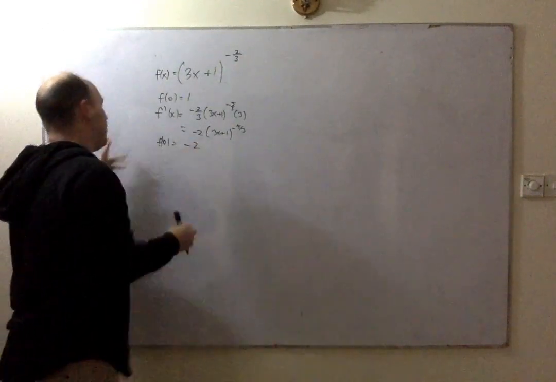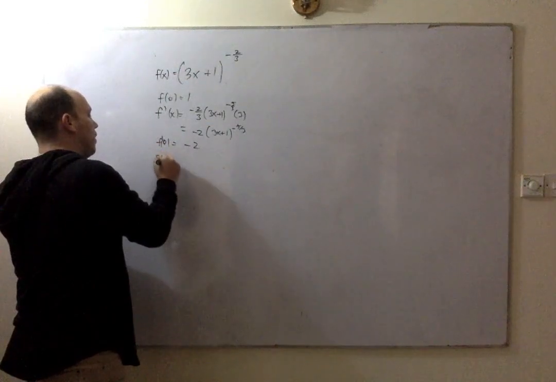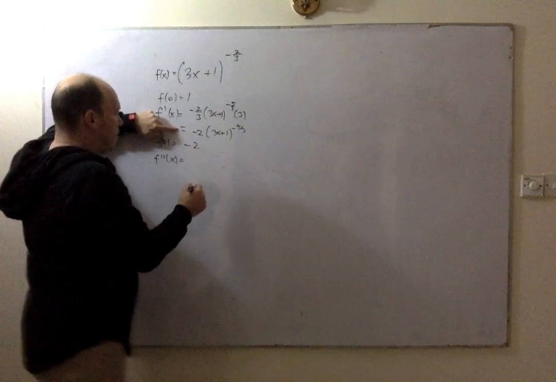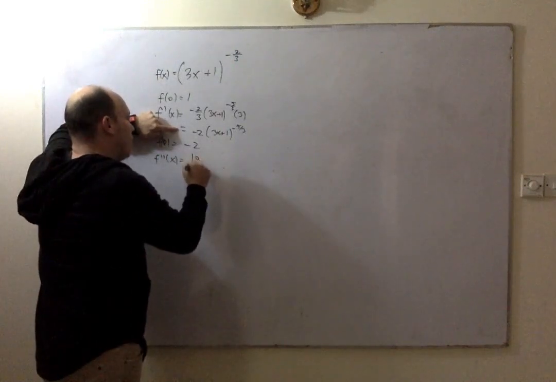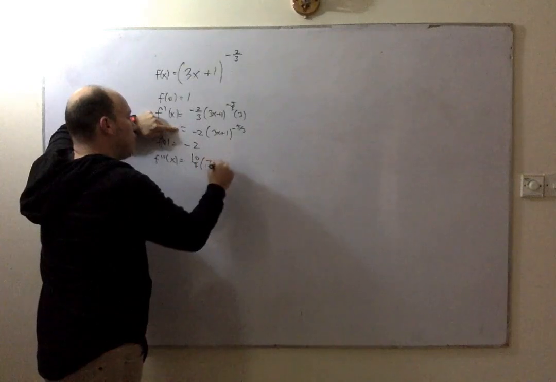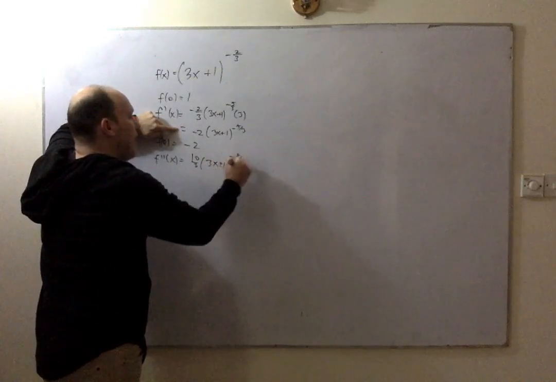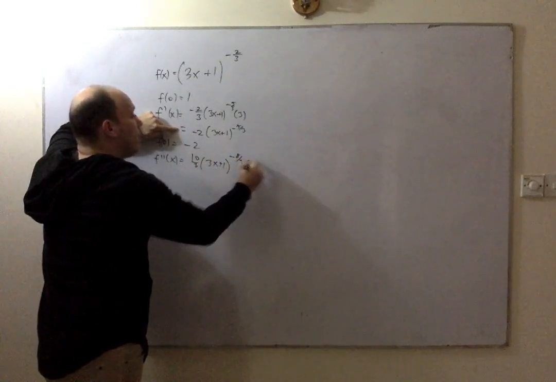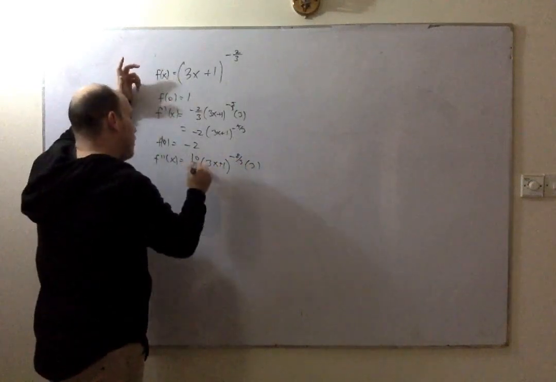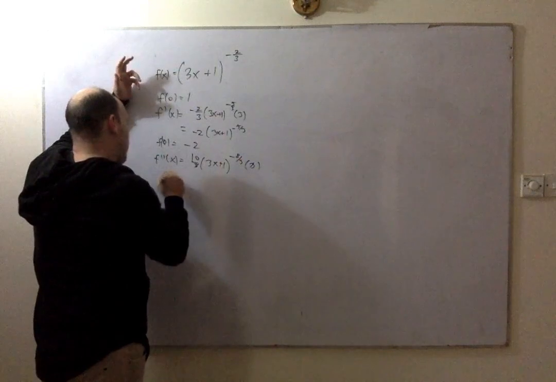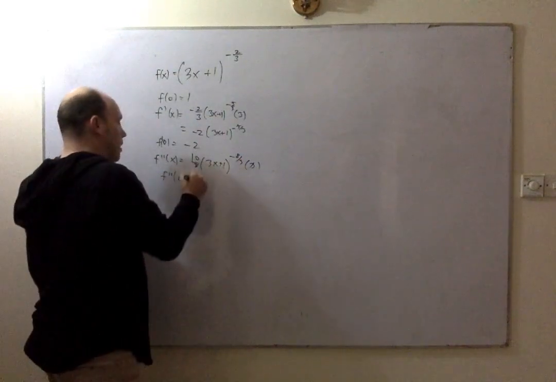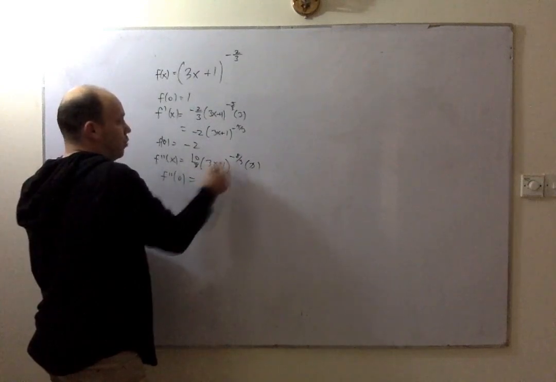Right? And then let's do another one. The second derivative of x, right? Let's take this. So we have 10 over 3 times 3x plus 1 to the negative 8/3 times 3. Remember, we take the derivative of the inside, chain rule.